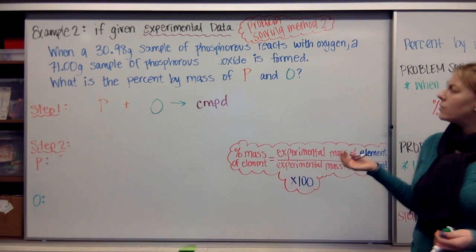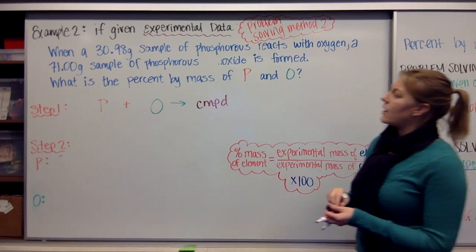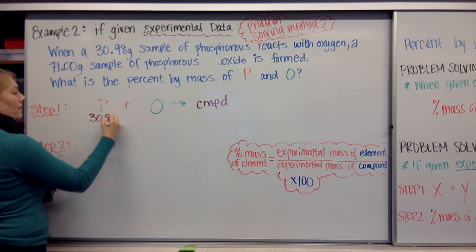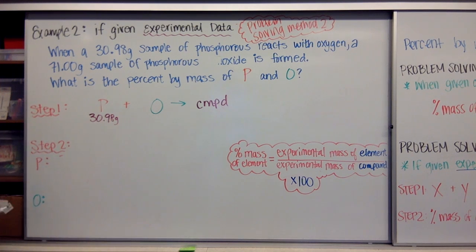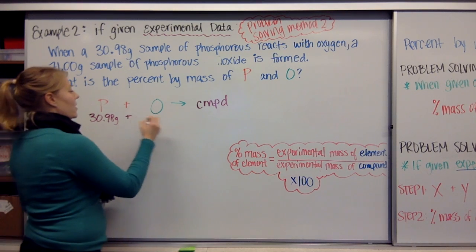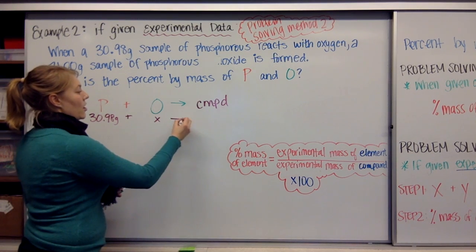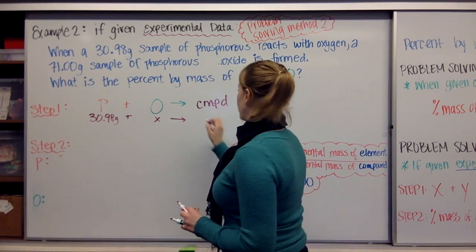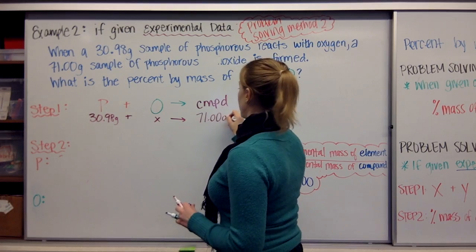What do we have? Well, we know that we have 30.98 grams of phosphorus. It says it reacts with oxygen. Does it say how much oxygen? No. So we don't know how much oxygen here. We do know that it forms a compound with a mass of 71 grams, 71.00 grams.